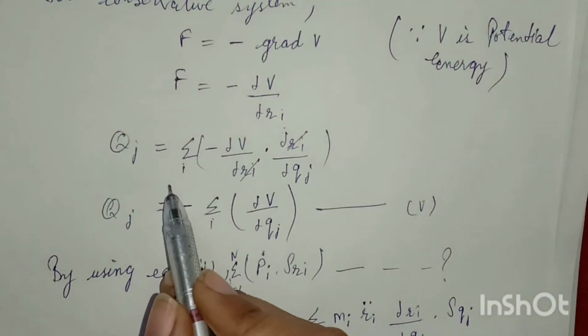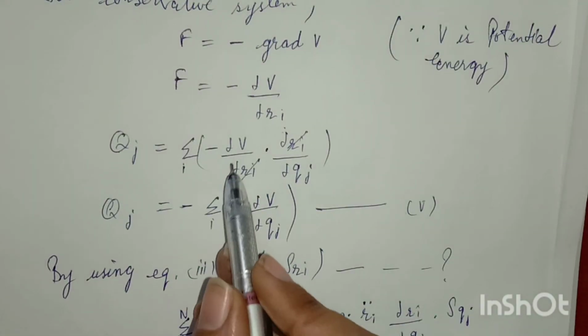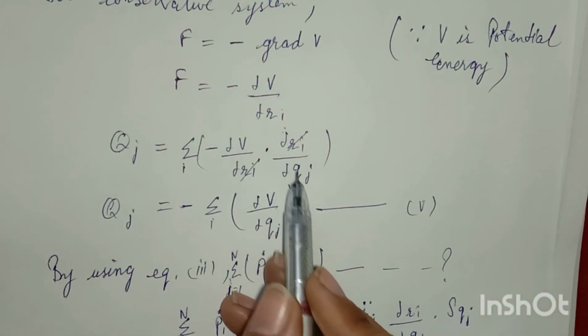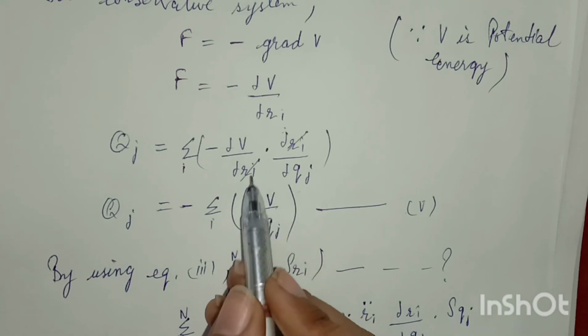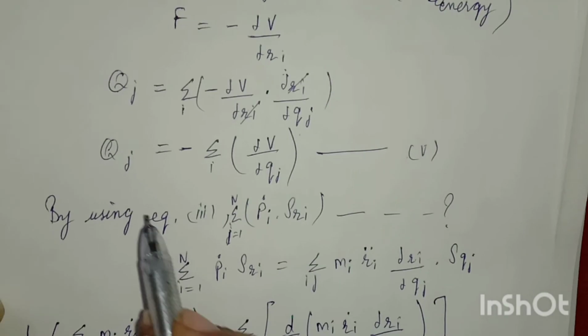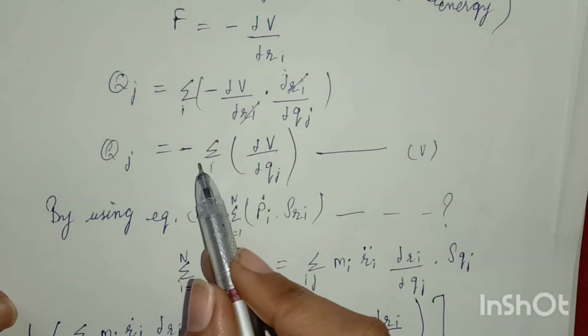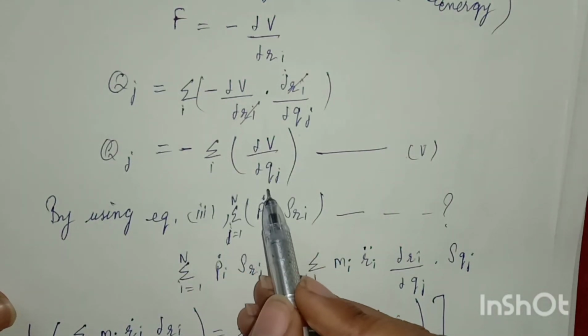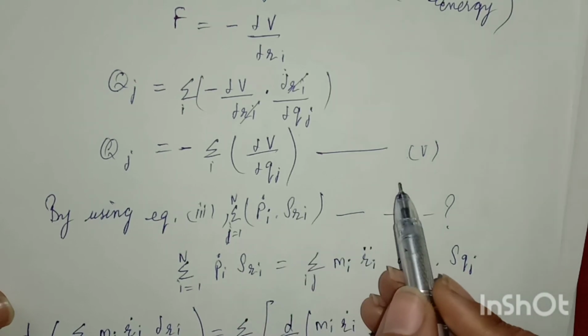So we get Q_j is equal to summation over i of ∂V/∂r_i into ∂r_i/∂q_j. Here ∂r_i and ∂r_i cancel. Then we get Q_j equal to summation over i of ∂V/∂q_j, which is our equation number 5.